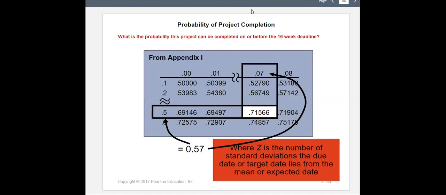So if that makes sense for you, let me change the question. If I change the question to 18 weeks, the question is: calculate the probability of this project being completed before 18 weeks.